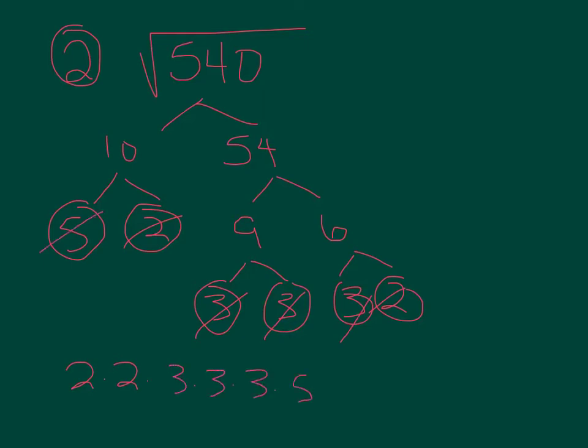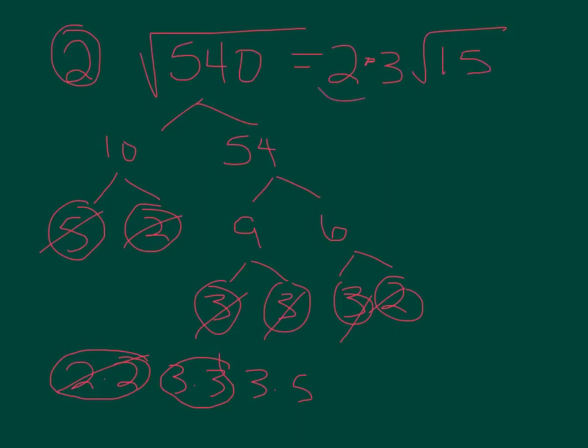Let's pair things up. I have a pair of 2s, and every pair you have, one comes out. I have a pair of 3s, so that comes out too, and we multiply those. I have no more pairs, so I multiply what's left, and it stays inside the square root. 3 times 5 is 15. So 6 square root of 15 is your answer.